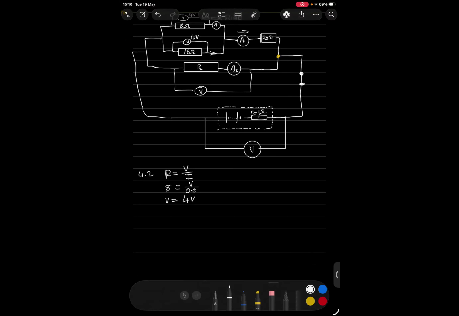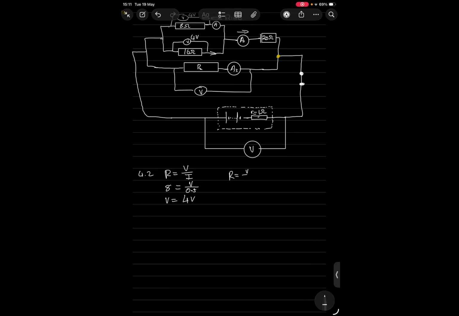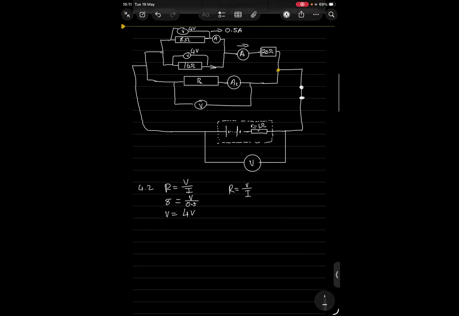What's going to be the current with 4 volts across 16 ohms? 0.25. So R is V over I, and we have 16 is equal to 4 over I.